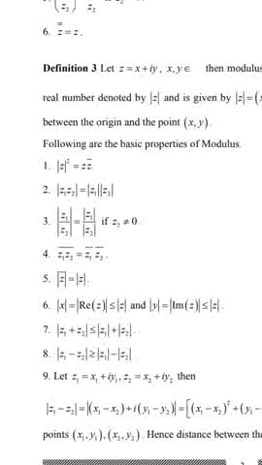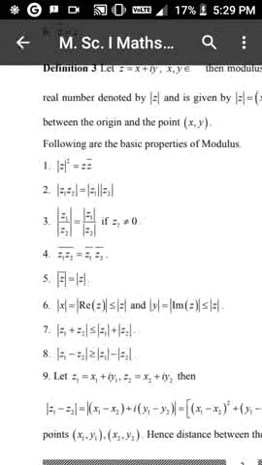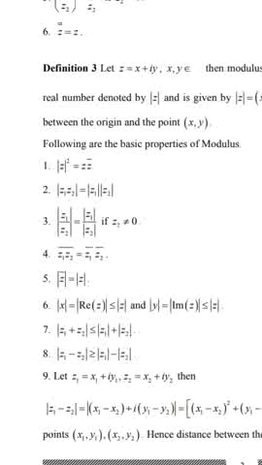Following are the basic properties of modulus. Modulus of z square is equal to z times z bar. Modulus of z1 times z2 is equal to modulus of z1 times modulus of z2. Modulus of z1 divided by z2 is equal to modulus of z1 divided by modulus of z2, if z2 is not equal to 0.